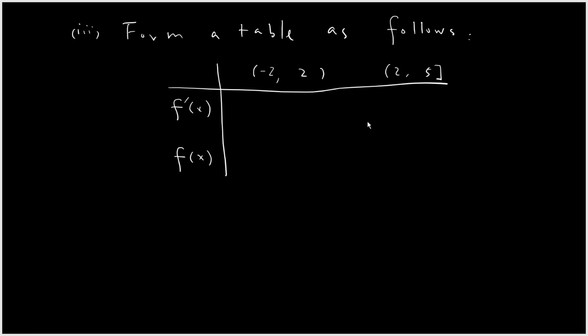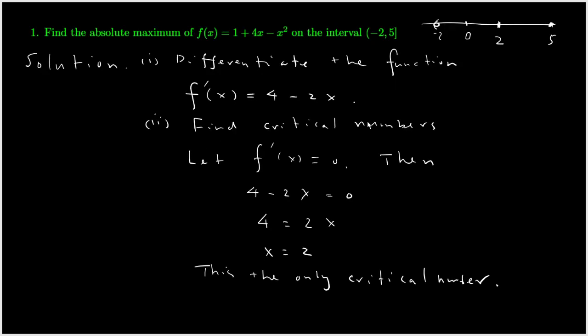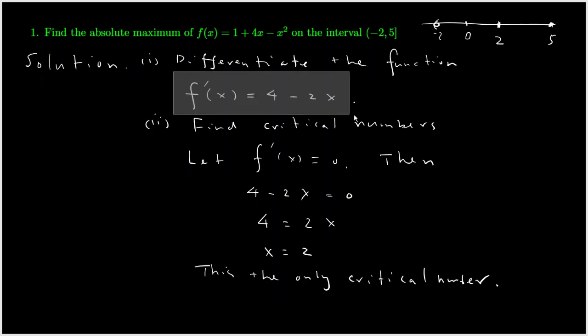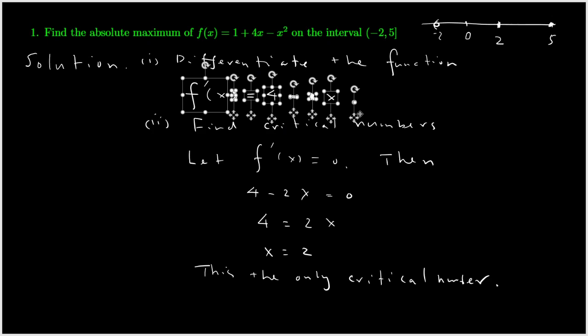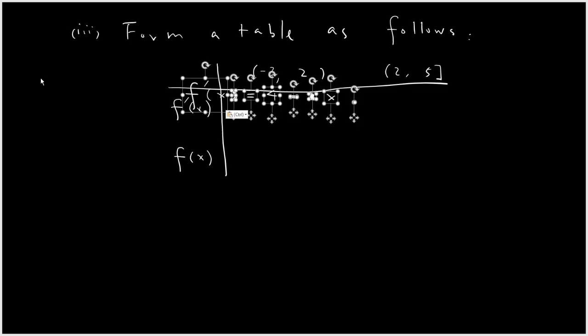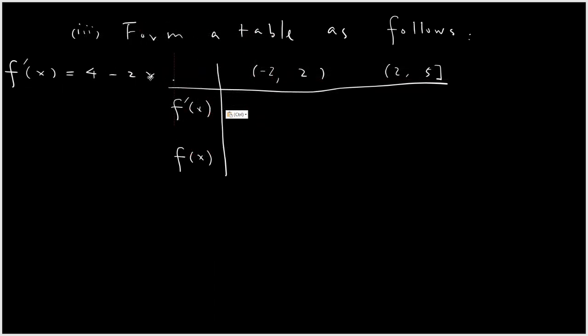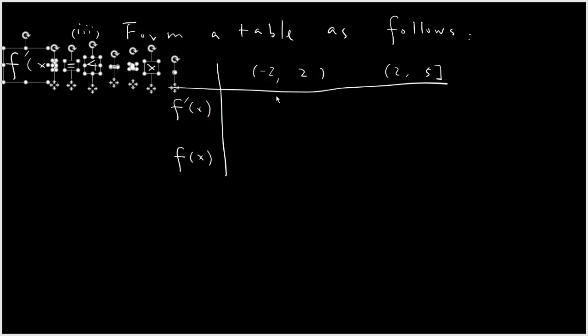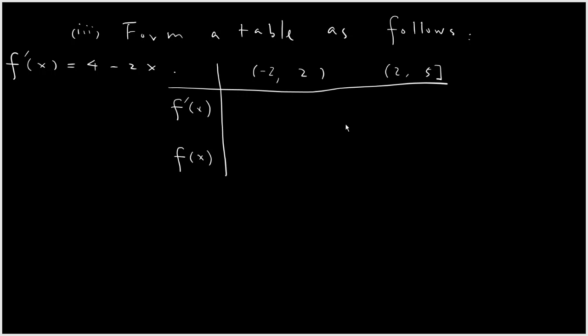Probably it's easier if I copy the derivative onto the next slide. The derivative of the function is 4 minus 2x, right? I will tell you how to get the content of the table right now. This is not part of the solution, but I'm going to need this.